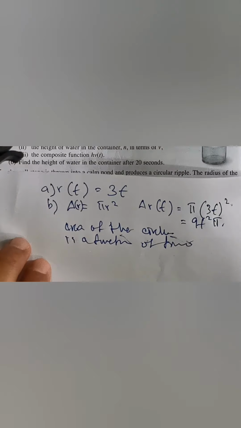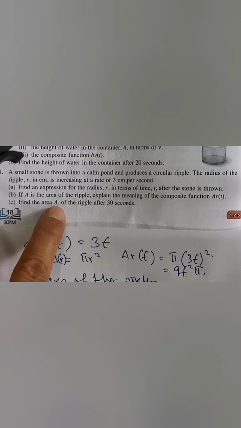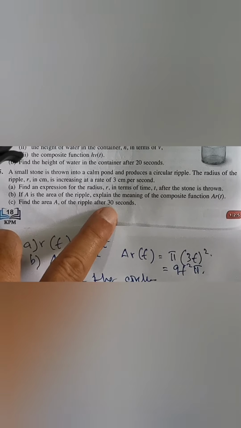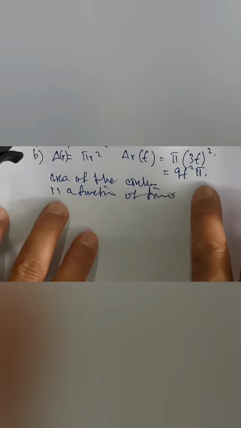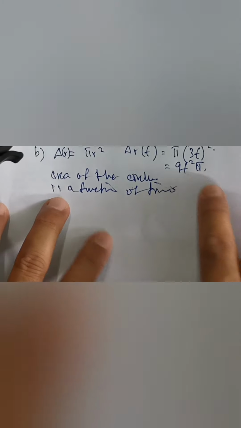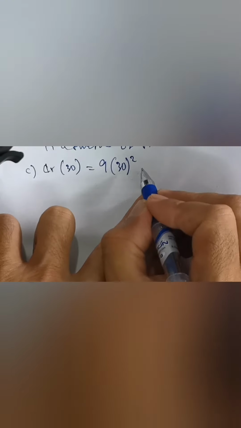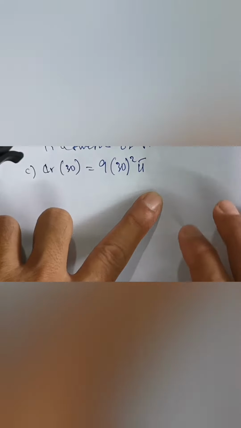And then find the area of the ripple after 30 seconds. Since I've done the composite, I just replace t as 30. So for C, A(r(t)), the time is given as 30, so just replace: 9 times 30 squared pi.